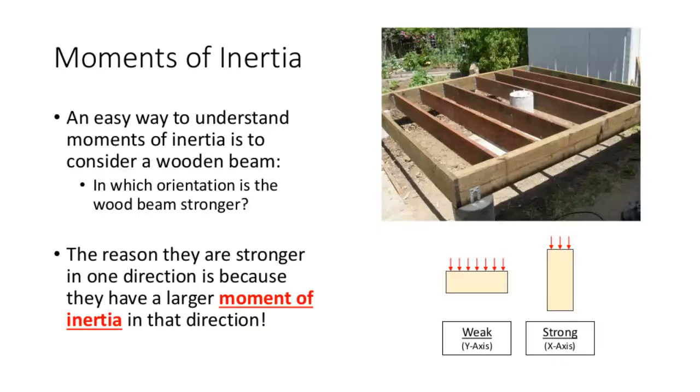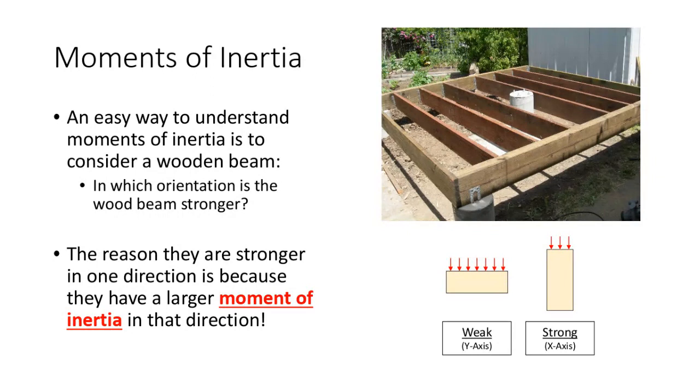Or is there a numerical way that we can compute that? Or can we identify that? And the answer is yes. The way that we can express that is through what's called the moment of inertia. So, for instance, if you're framing out a deck in your backyard or something, there is a reason why you take the floor beams and you stick them vertically as opposed to horizontally.